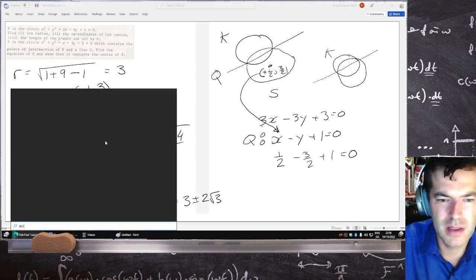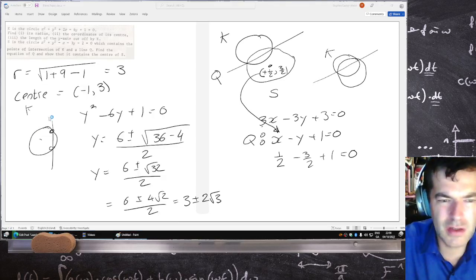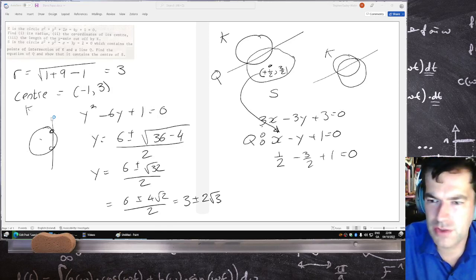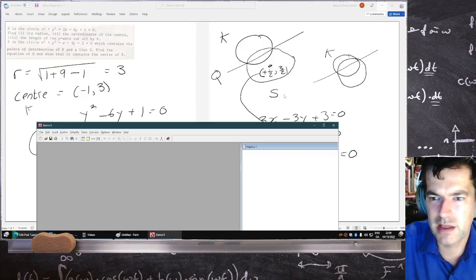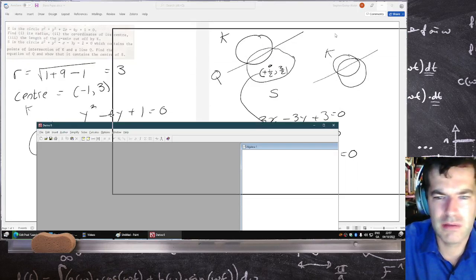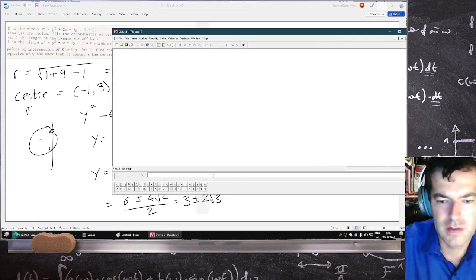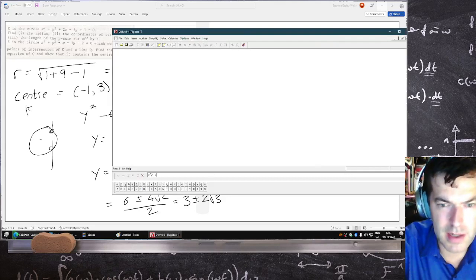That's what I'm totally confused by. I'm going to have to draw it to see. Because you can see clearly, I drew it in such a way that Q doesn't pass through the center of S. So let's see what happens. x squared plus y squared plus 2x minus 6y plus 1 equals 0.